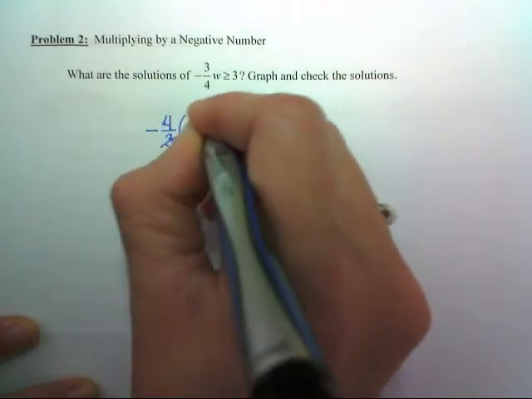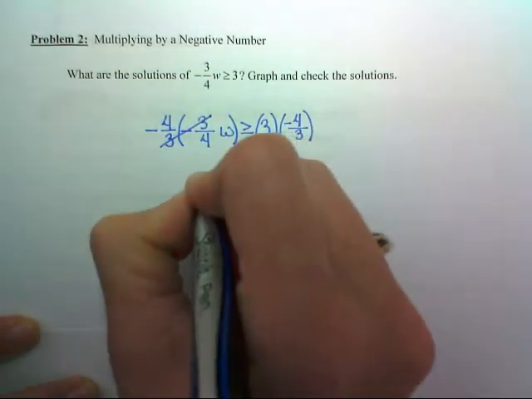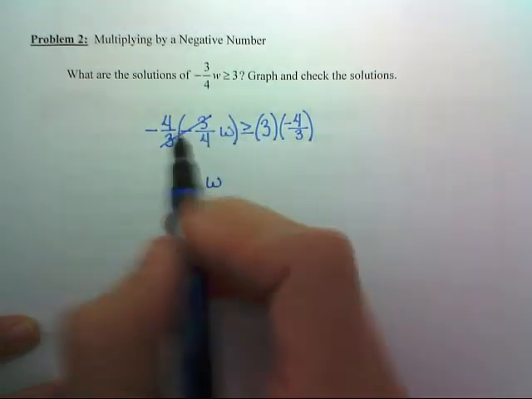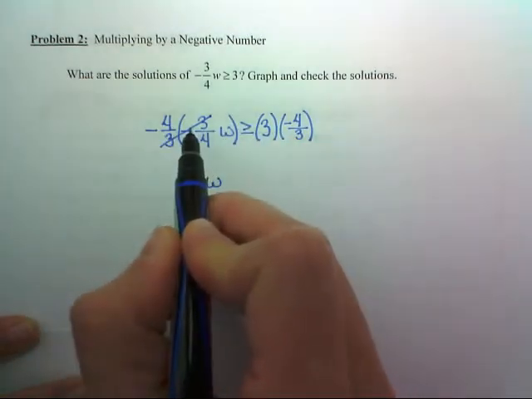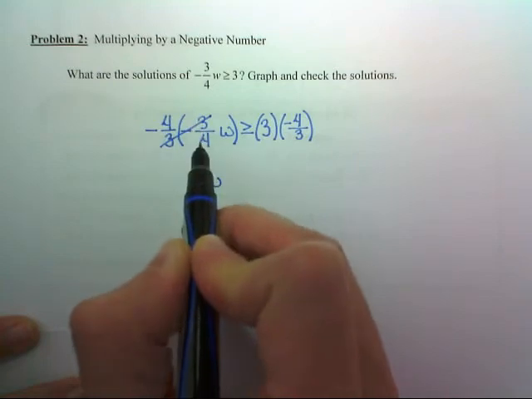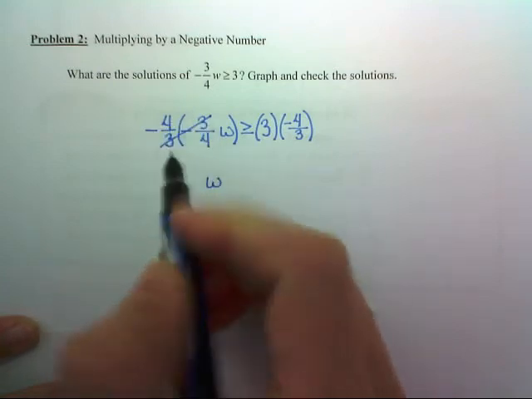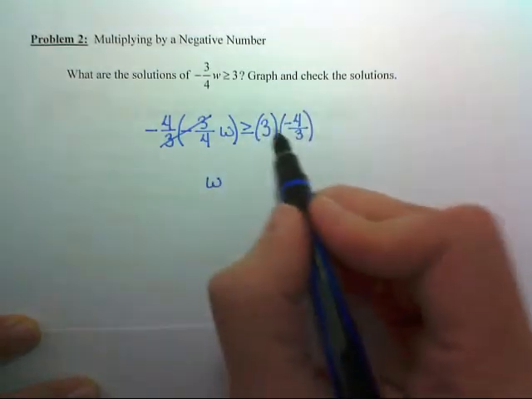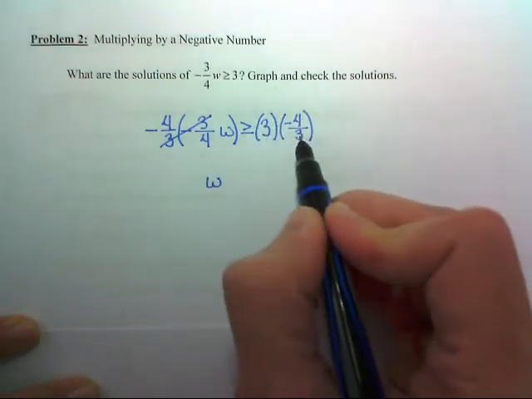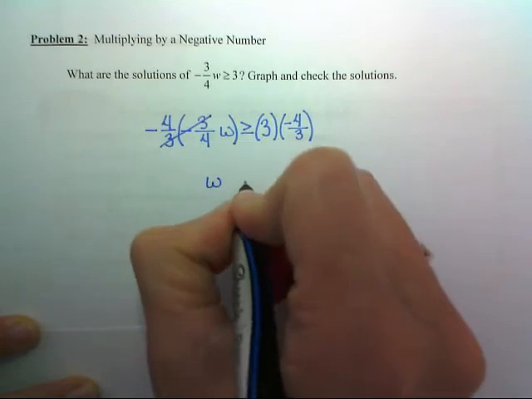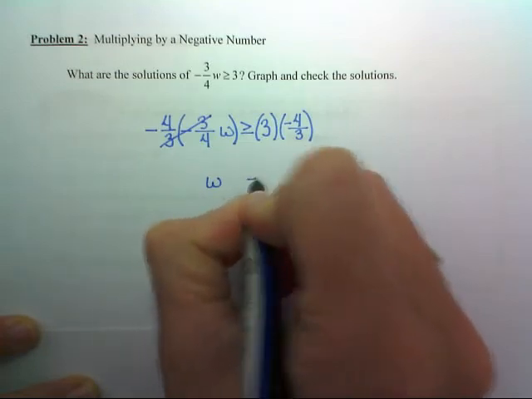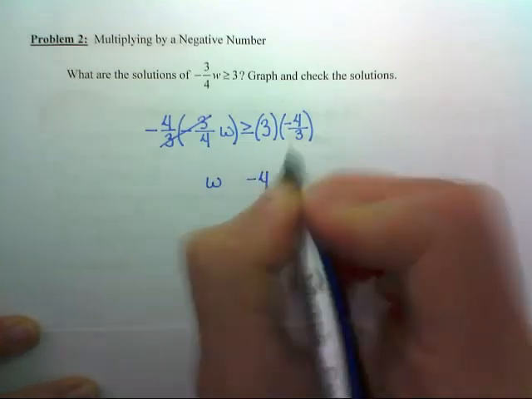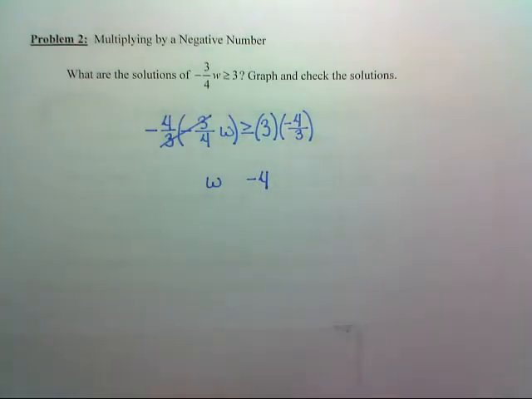I can mark these out. This is where my 1 comes from, so I'm left with my 1W. And always type that in your calculator if you're not sure. Negative 4/3 times negative 3/4 will give you 1. So W, and then we're going to multiply these, 3 times negative 4/3 is going to give us negative 4. Always type that in if you're not really sure.